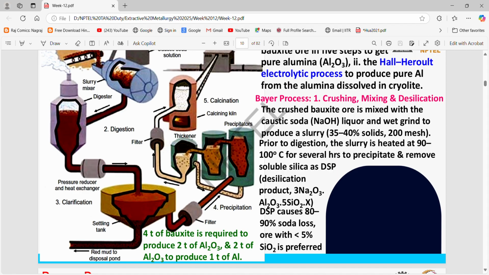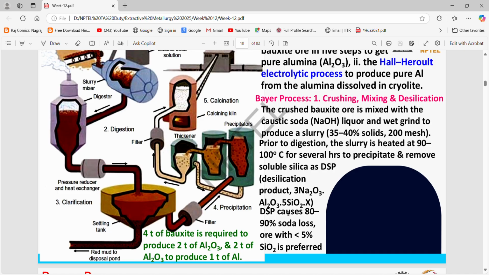This desilication product generally consists of sodium aluminosilicate. Some amount of alumina is also going to precipitate during this DSP process. So DSP causes 80 to 90% soda loss, or we can say NaOH loss of around 80 to 90%.